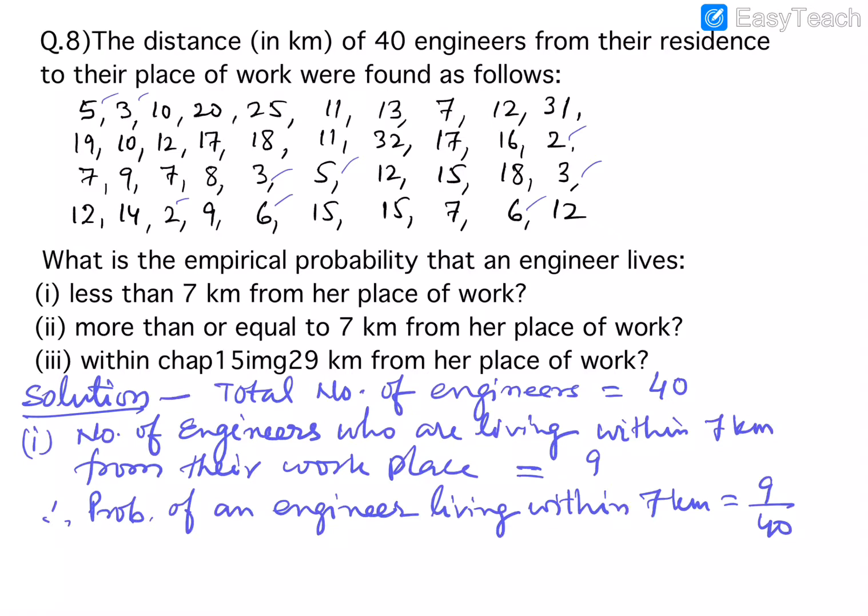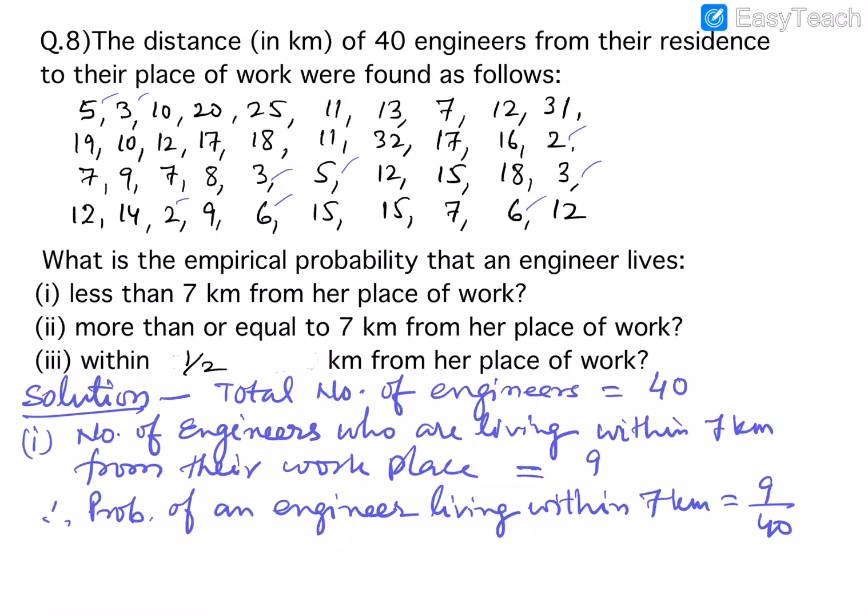What is the empirical probability that an engineer lives less than 7 kilometers from her place of work? Then in second part, more than or equal to 7 kilometers from her place of work and within half kilometer from her place of work.